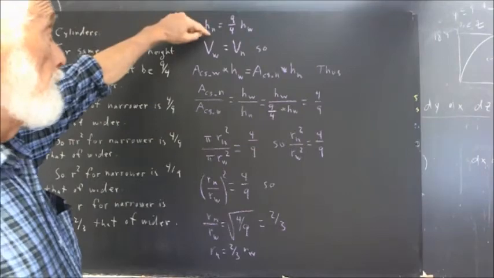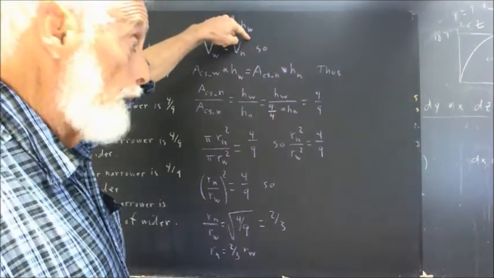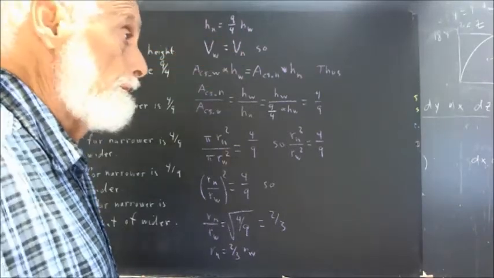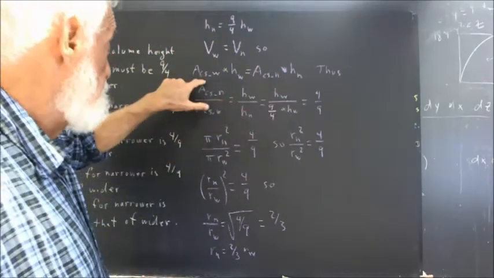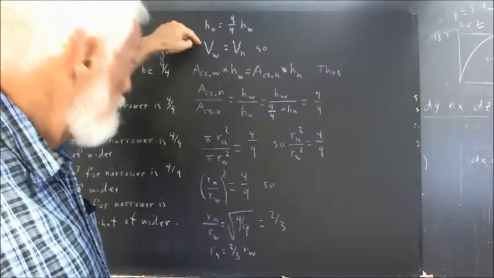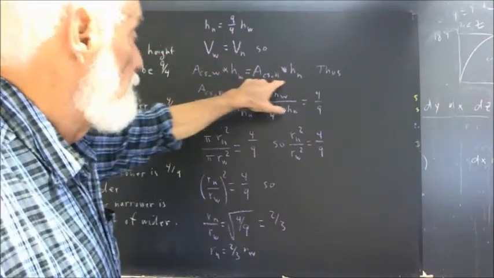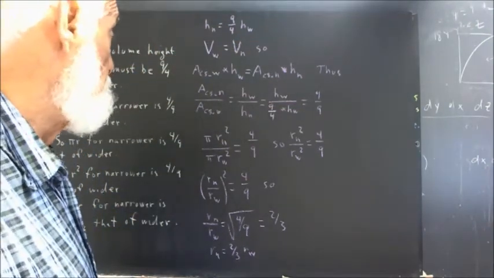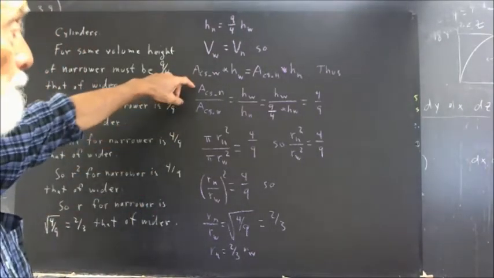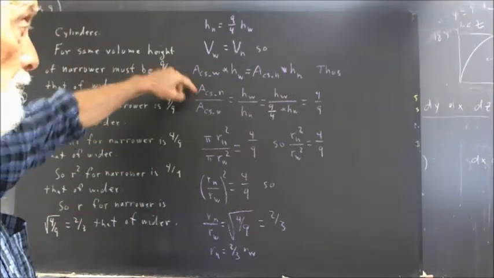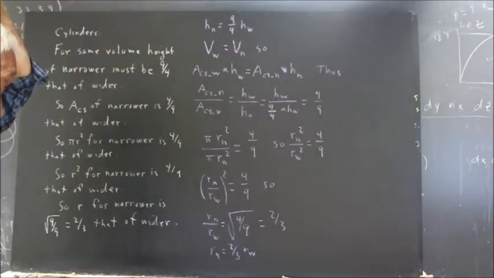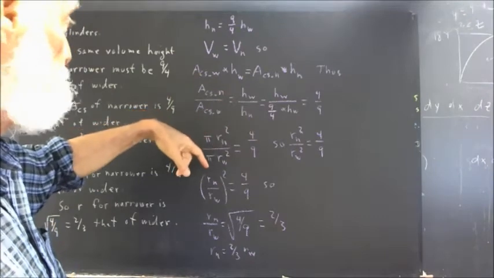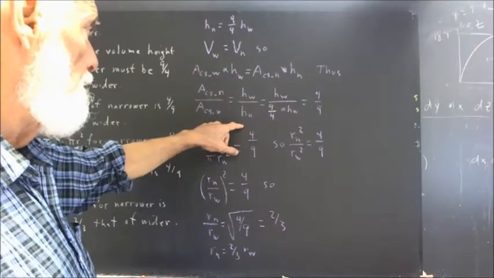We say the height of the narrow cylinder is 9/4 the height of the wide cylinder. The volume of the wide cylinder equals the volume of the narrower cylinder, so we can write an equation. Cross-sectional area of the wider times the height of the wider is the volume of the wider, and cross-sectional area of the narrow times the height of the narrow is the volume of the narrow cylinder. Thus, the ratio of the cross-sectional area of the narrow divided by the cross-sectional area of the wide, which is what we're trying to find down here, is equal to the height of the wide divided by the height of the narrow.